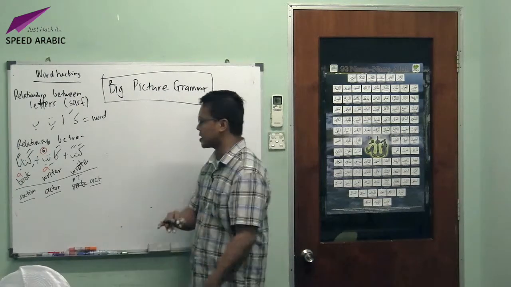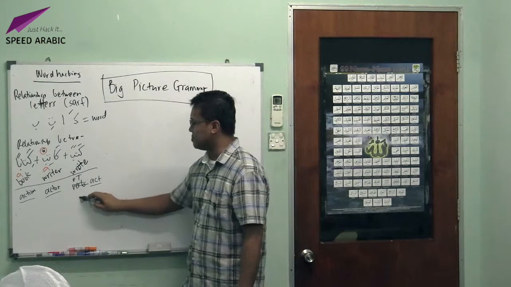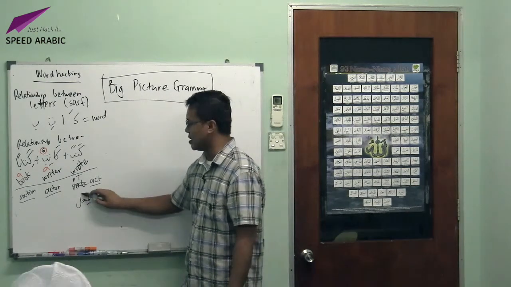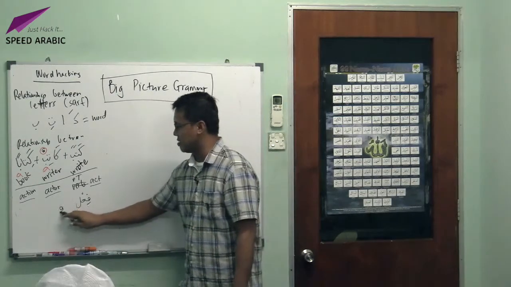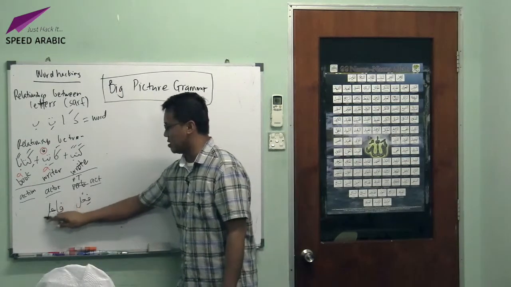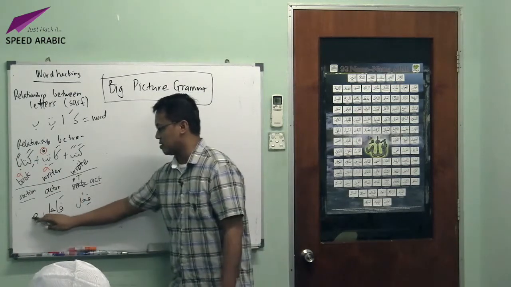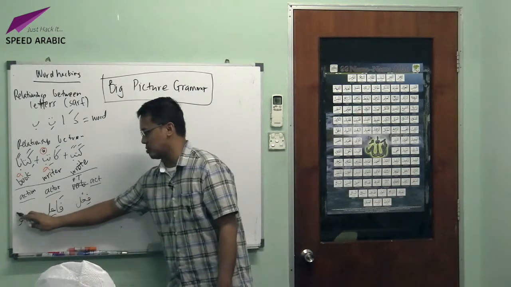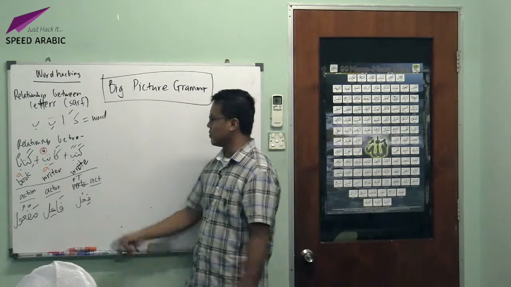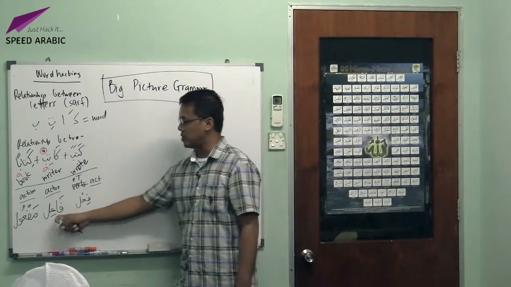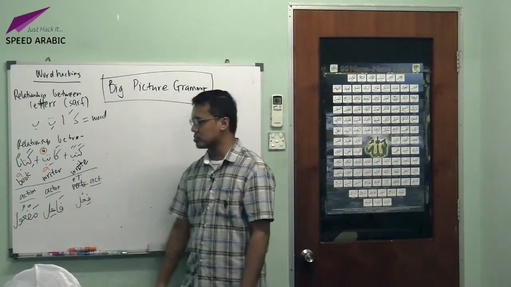I will convert them later on. In Arabic we call this fi'il, and we call this fa'il, and we call this maf'ul. Fi'il, action, fa'il, actor, maf'ul is the acted-upon.